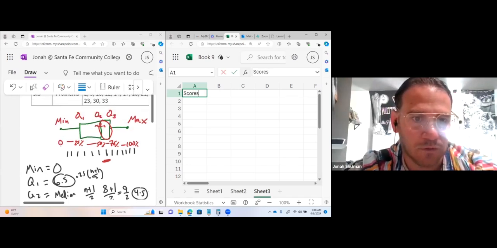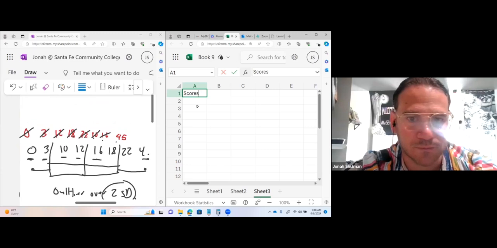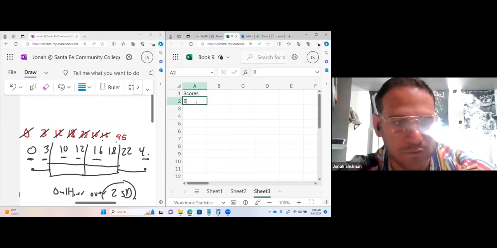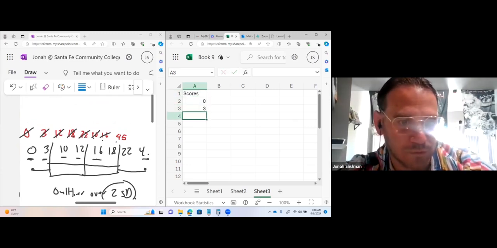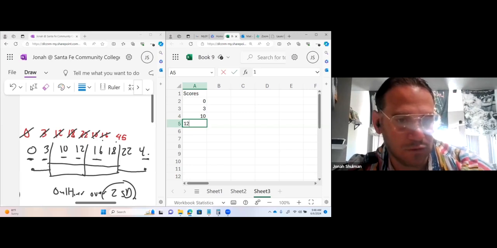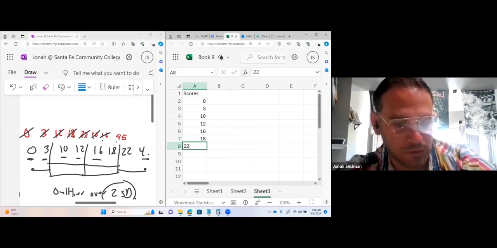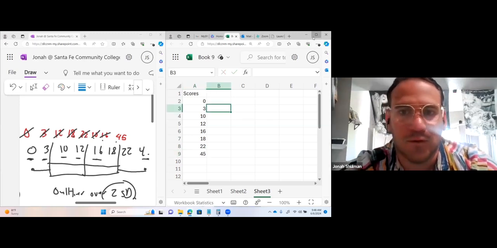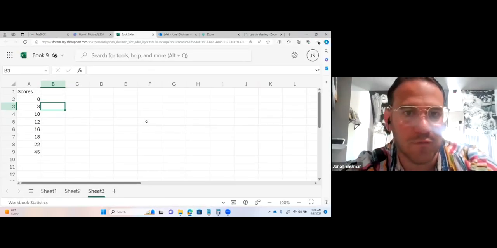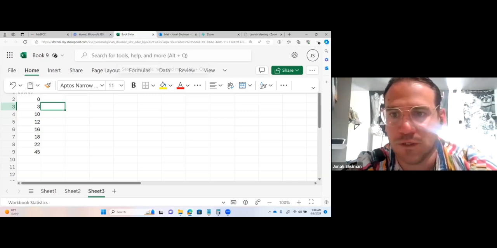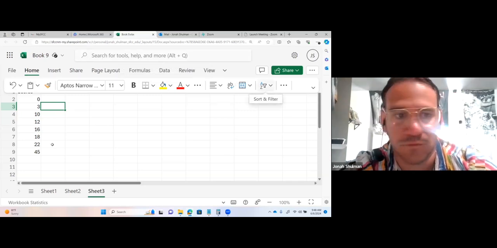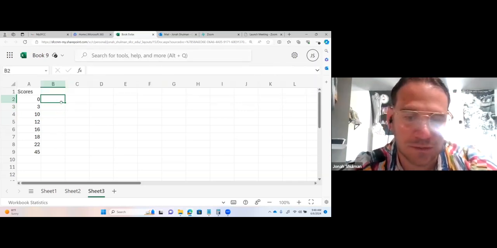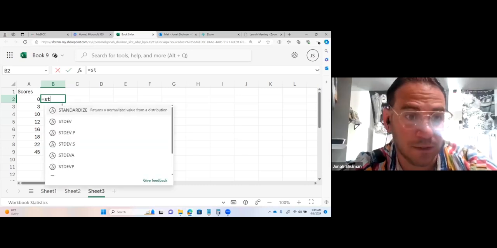And we have our numbers: 0, 3, 10, 12, 16, 18, 22, and 45. Now, if it wasn't ordered, we can go over here and order them by sort and filter. Now, I'm just going to do the standard deviation just to see if 45 is indeed an outlier.